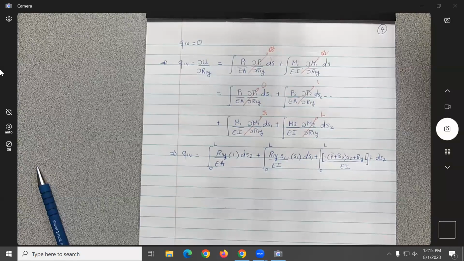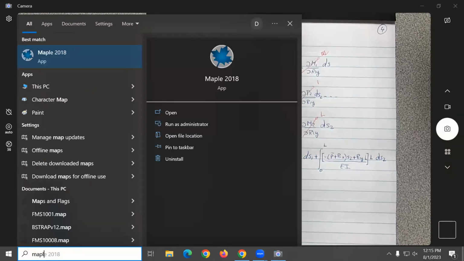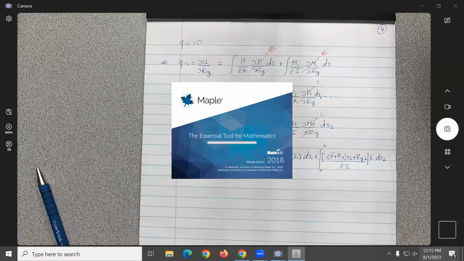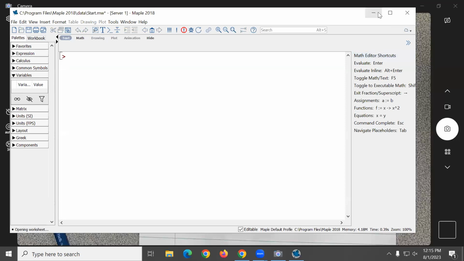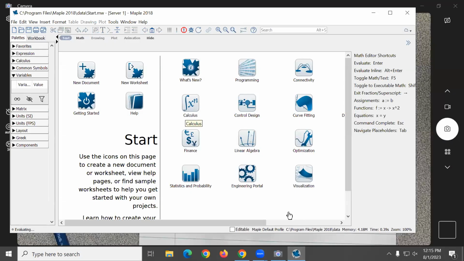You can use either one. Let me go to Maple instead of MATLAB, or which one do you want to use, MATLAB or Maple? I don't care, really. I like MATLAB more to do more stuff, but I think it's easier to see the output on Maple than MATLAB. That's the only reason why I like this one here for classes.